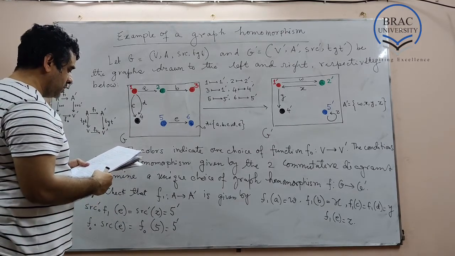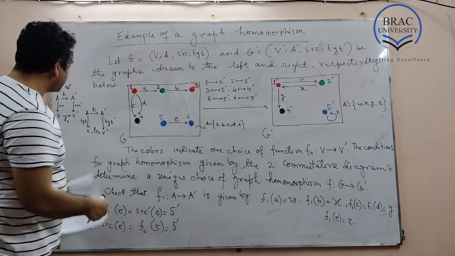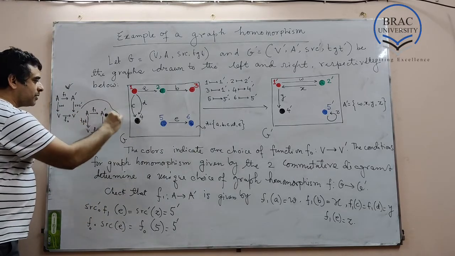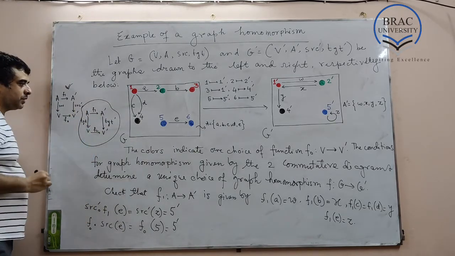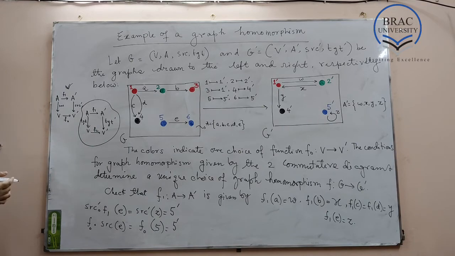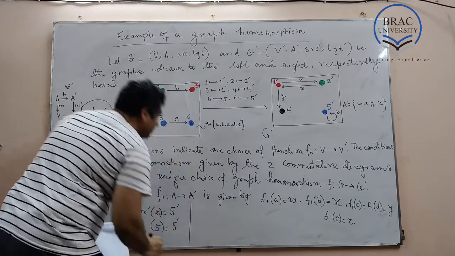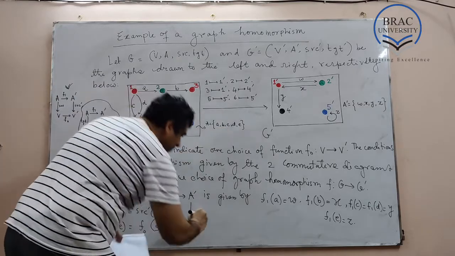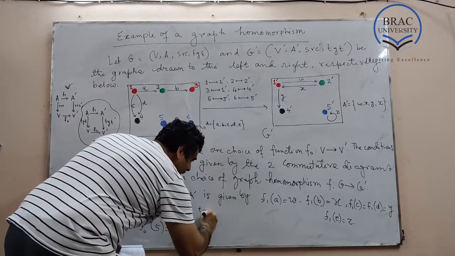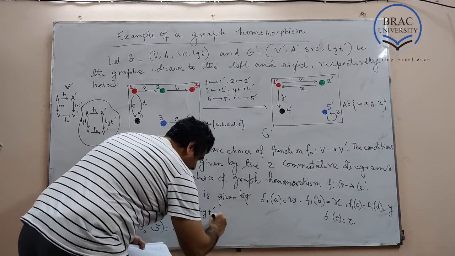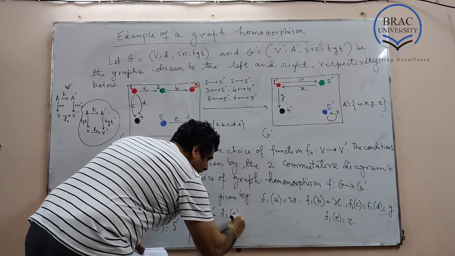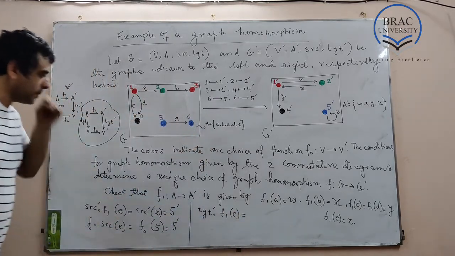Okay. Now for the target map, this diagram is also going to be satisfied. This diagram will also be commutative, and we can check it by using the same arrow E here. TGT prime composed with F1 acting on E is equal to what?